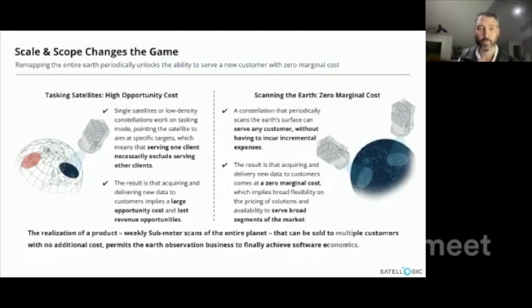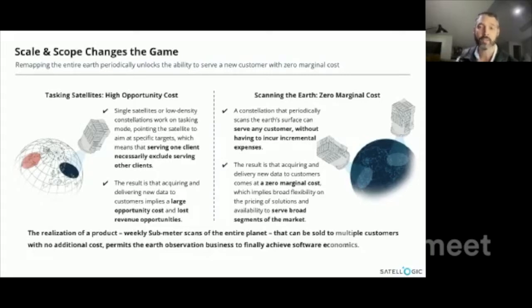So what we've done is turn that on its head. We're going to produce a lot of satellites and not rely on an anchor customer, and be able to serve the masses. If you're imaging in one part of the world, it can be utilized by many different governments, companies, and NGOs, and it's not exclusive to one particular customer.